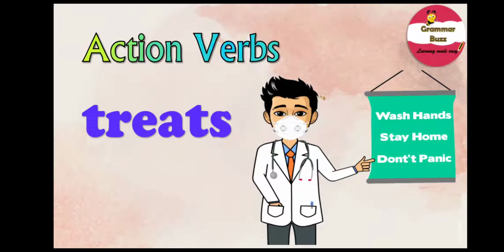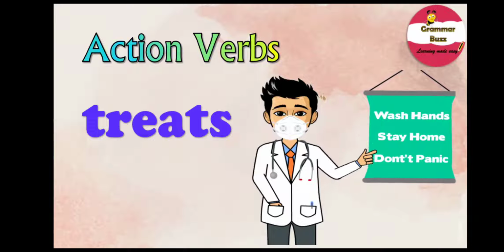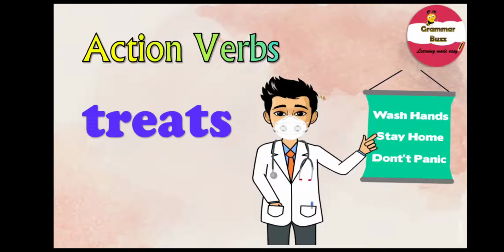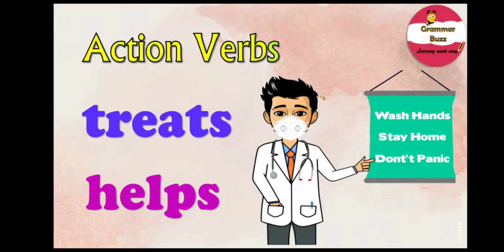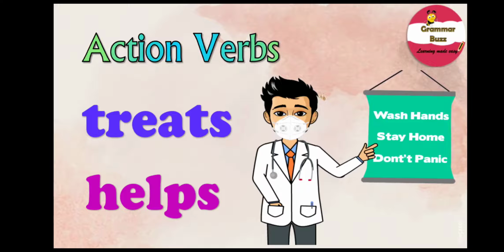Well, he's a doctor. And what does he do? He treats patients, right? What else does a doctor do? A doctor helps his patients. So, treats and helps are words that tell us about the action of a doctor. So, they are action verbs.